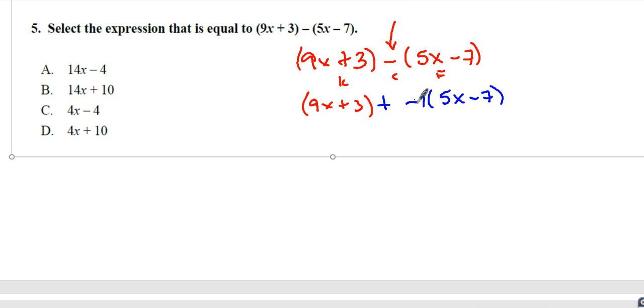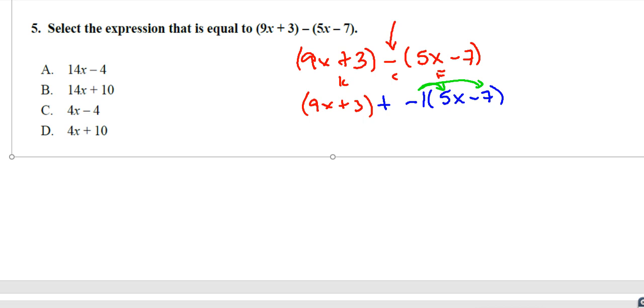Since there was nothing there, a negative without a coefficient is going to be a negative 1, just like an x without a coefficient is 1x. So I can put a 1 here now. What that allows me to do is distribute the negative 1 without confusing myself.